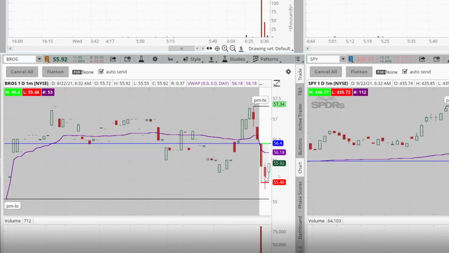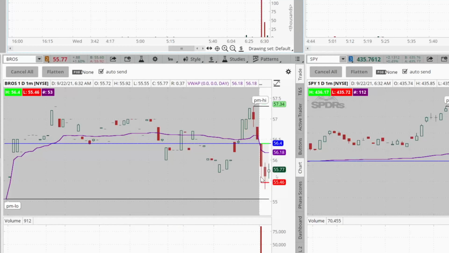The second minute didn't break the low of the first minute, and now it came back up. So I'm thinking if it goes back above the high of the day, I'm going to take the breakout. That's basically the idea, and that makes it a bear trap, just like Adobe got in at the bull trap.